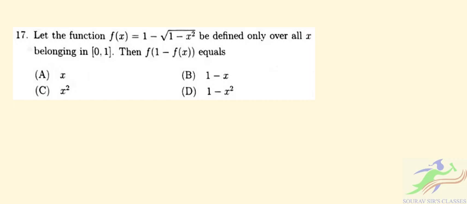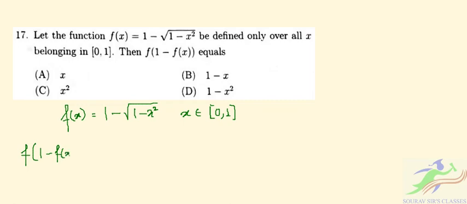Question number 17. Let the function f of x be given as 1 minus root over 1 minus x squared, defined only over all x belonging to the closed interval 0 comma 1, right? So we have to find the value of f of 1 minus f x. If you calculate it, it will give us f of root over 1 minus x square.